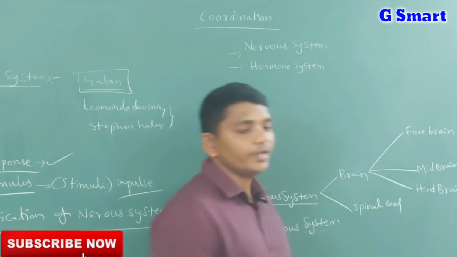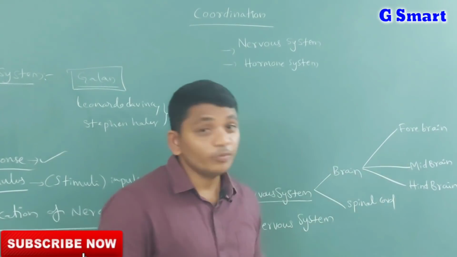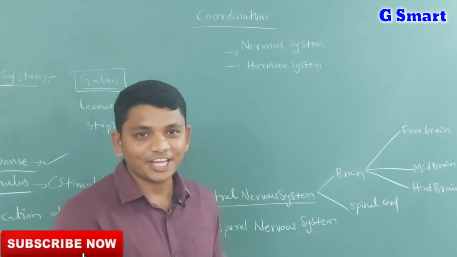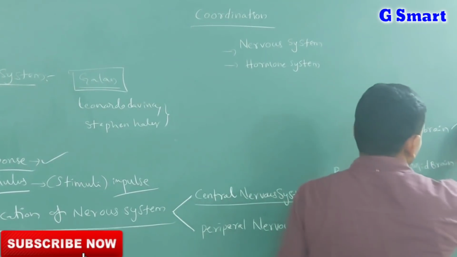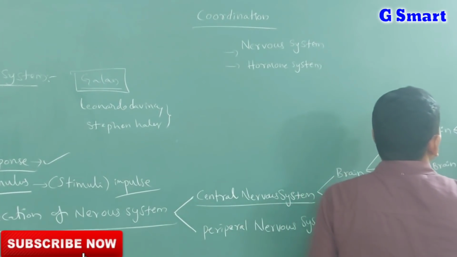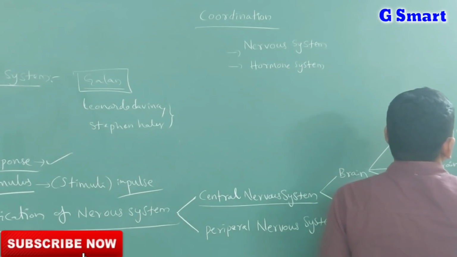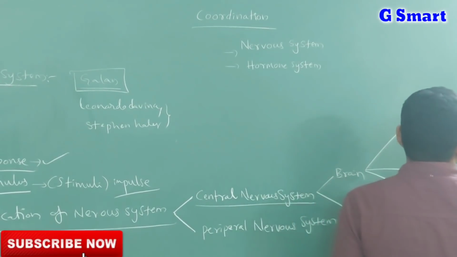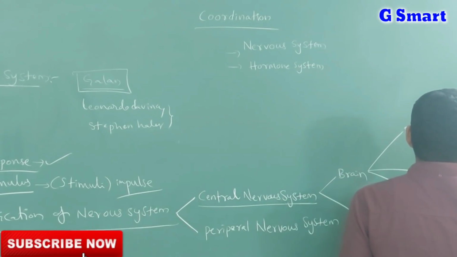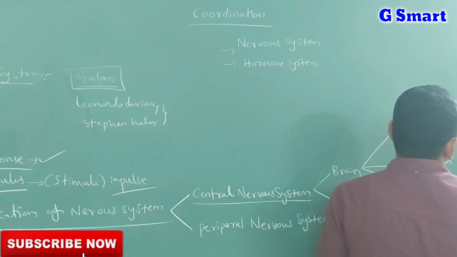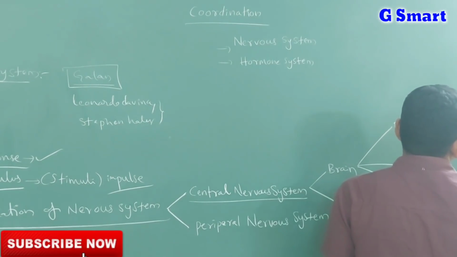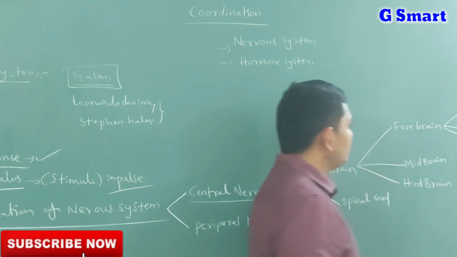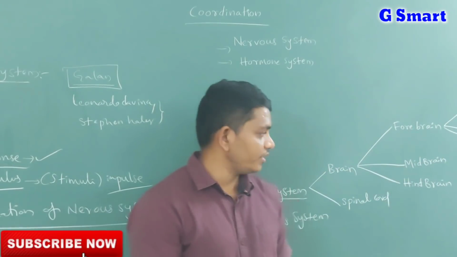Again, forebrain is classified into three parts: olfactory lobes, cerebrum and diencephalon. These are three parts in the forebrain.